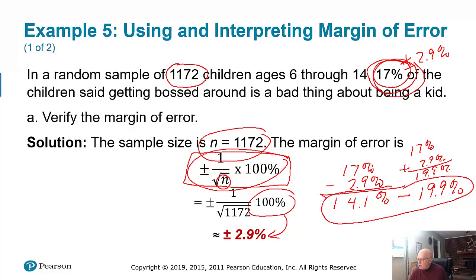There's almost no chance that it's exactly 17% because you took a sample, so you don't know that that's the case for the population. But you know that the real value for the population should be between 14.1% and 19.9%, and you're 95% sure of that.